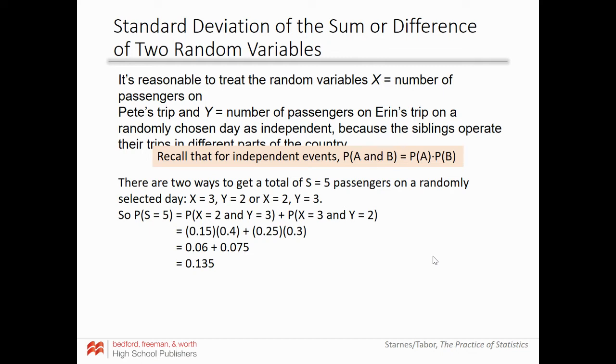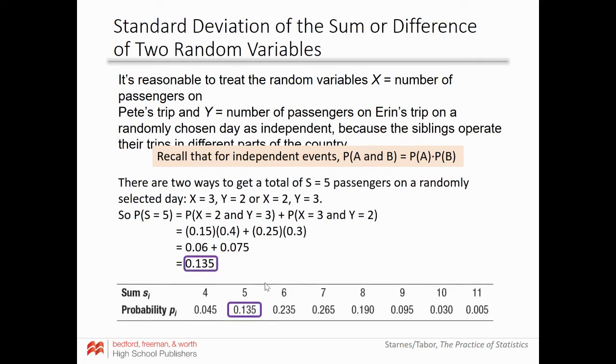Those are the only two ways to get your 5 passengers. The probability of Pete getting 2 and Erin getting 3 is here. The probability of Pete getting 3 and Erin getting 2 is here. You add them together, and that's the probability of getting 5. So they found the probabilities.